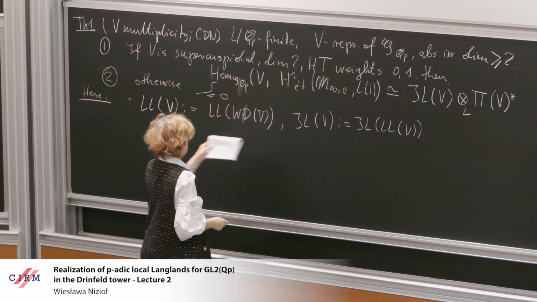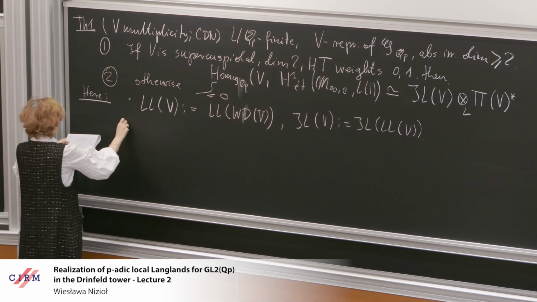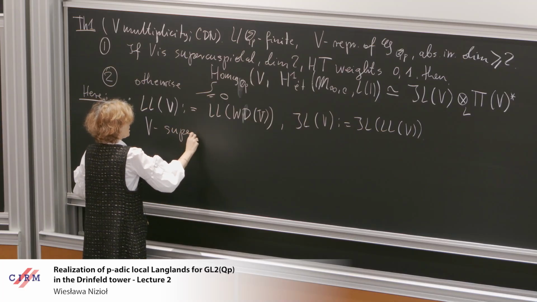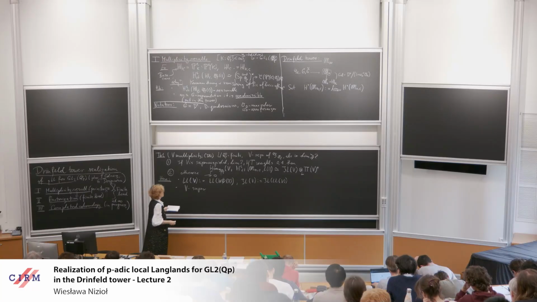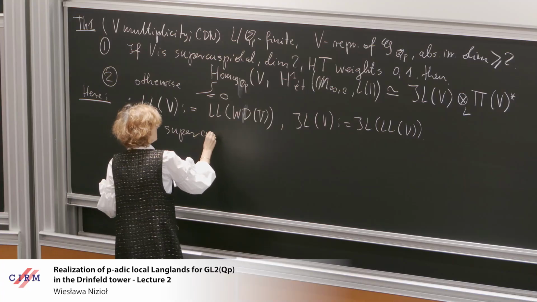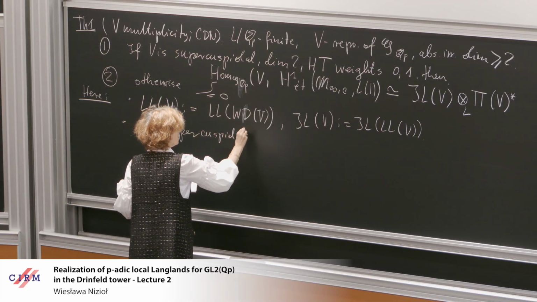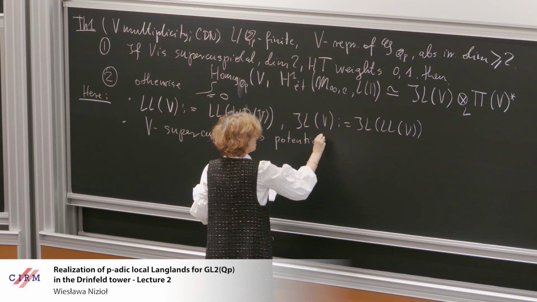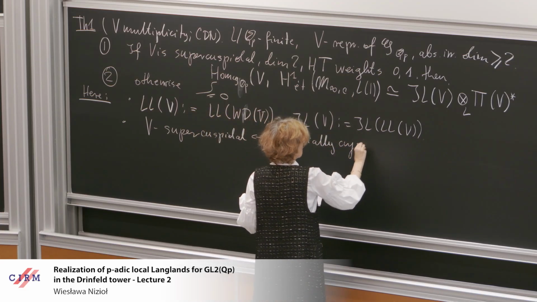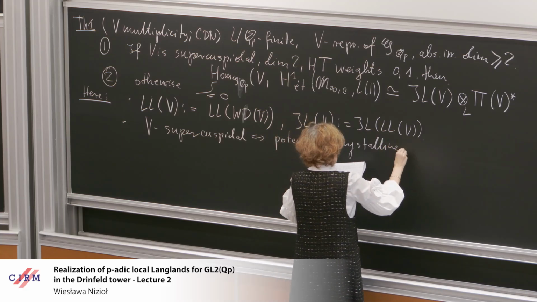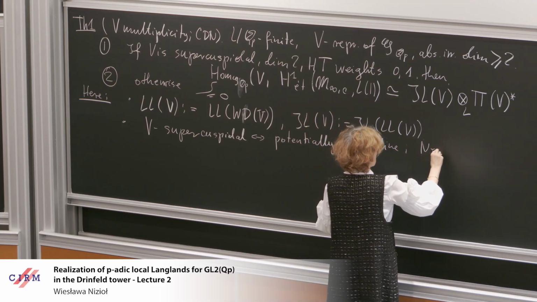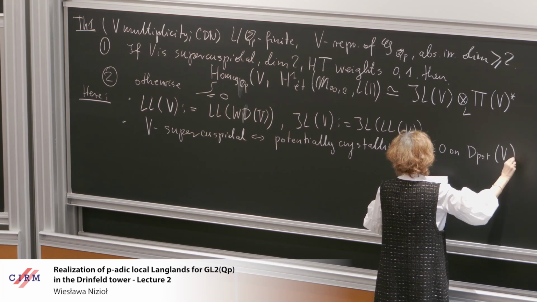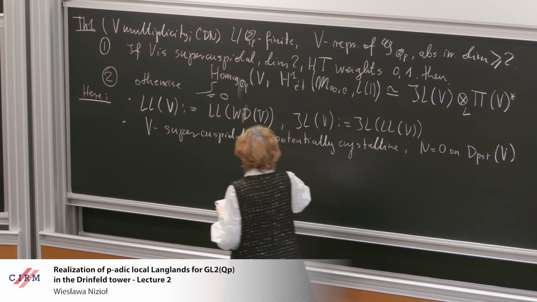So infinite dimensional, finite dimensional, and then V supercuspidal just means potentially crystalline here. So N is 0 on D_pst of V.